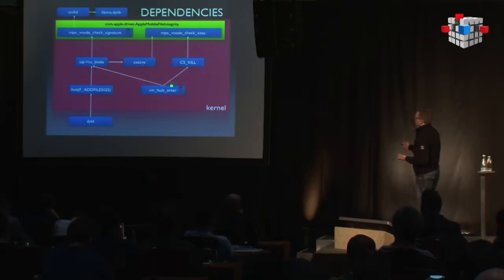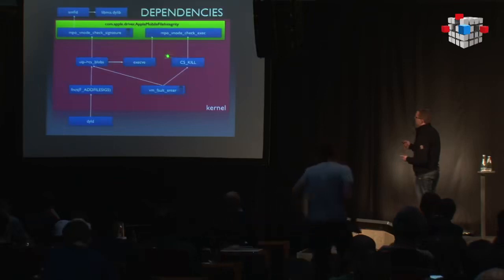For vm_fault_enter, the one checking the pages and killing your process if there's a problem, it requires that this CS kill property is set and that it adds the correct blobs to verify the pages.